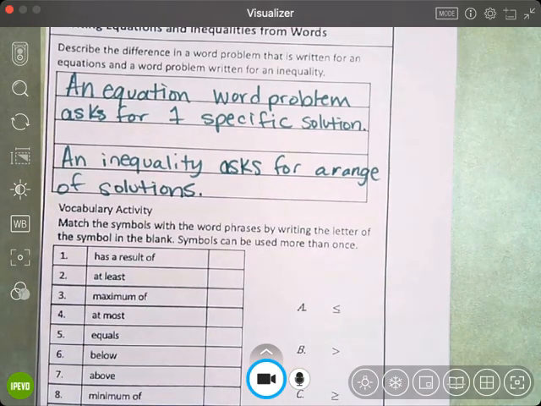So going back to the filling up the pool, well, it depends on how many hoses you got going and also how the water pressure is. So it'll take at least 1 day. It'll take no more than 3 days. So it would be a range of solutions.